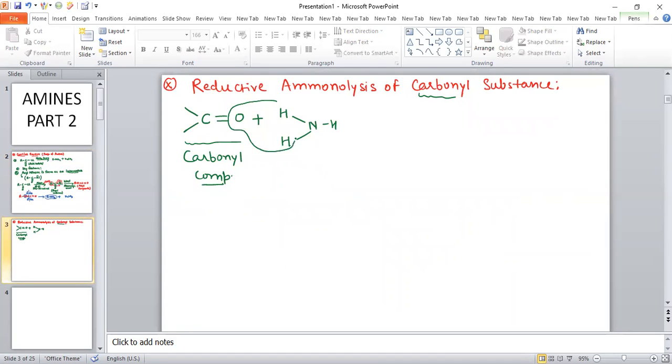Water will be removed. After the reaction, water is removed.